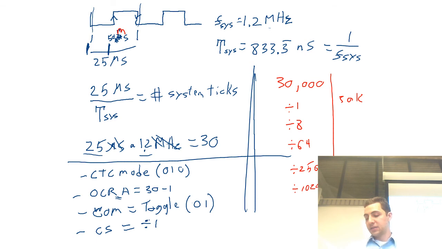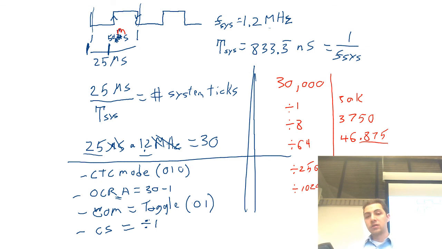Divide by 8, this is a nice rational number, 30K divided by 8 gives me 3,750. 30,000 divided by 64 gives me 46.875, which is going to give me some inaccuracy, okay?